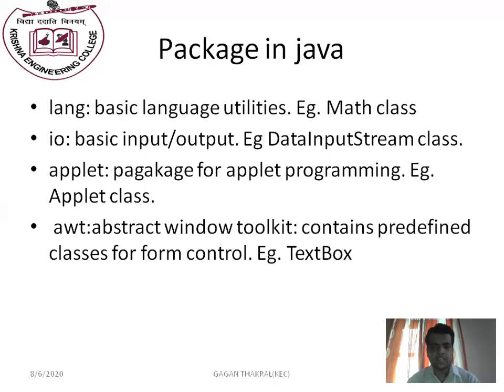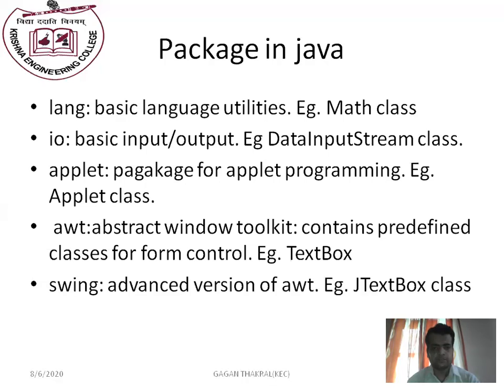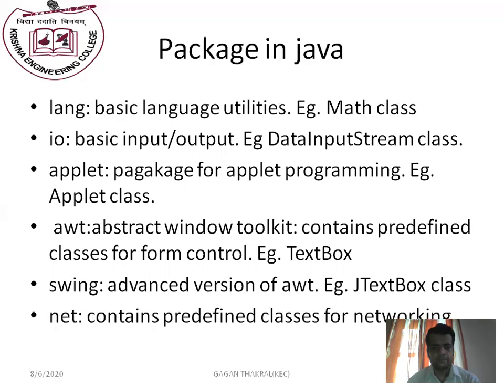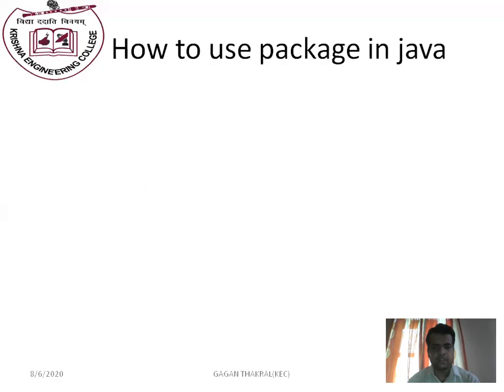Example, text box, checkbox, radio button. Swing, advanced version of AWT, is represented by J, such as JText. The J keyword is used with AWT classes. Net contains predefined classes for networking. Example, socket and server socket are the examples of the net package.